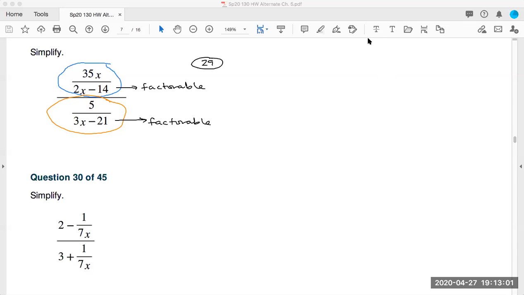So what you can do to avoid some common issues that pop up, go ahead and rewrite the numerator of the complex fraction completely factored. Okay, divide. And then the denominator of the complex fraction, also factor where you can.